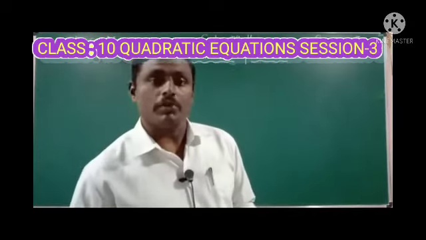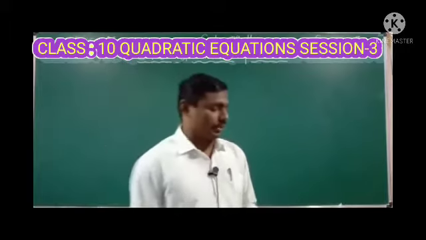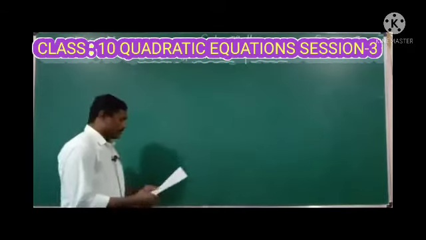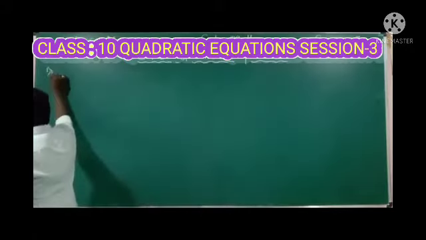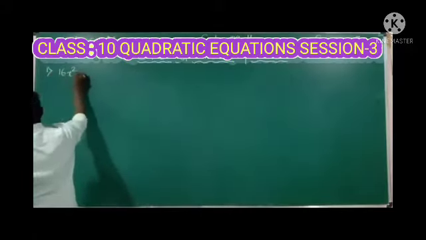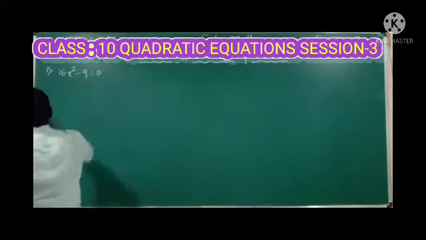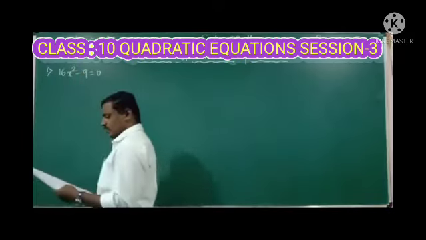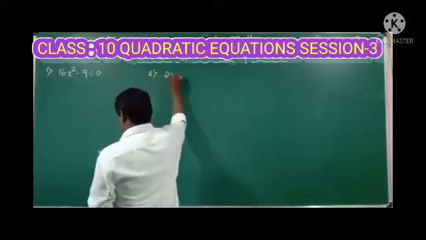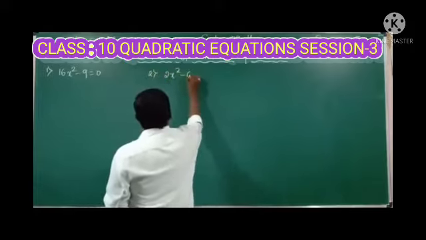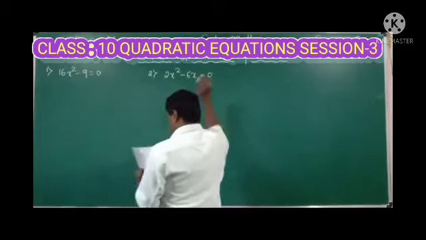These equations we will solve by using the factorization method only. So the first question: 16x square minus 9 is equal to 0. Second one, 2x square minus 6x is equal to 0.